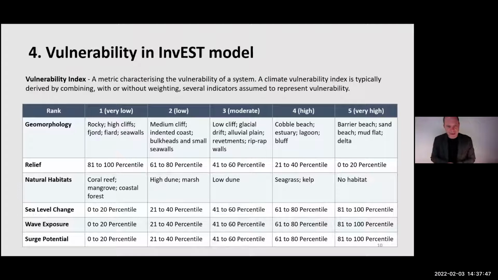This exercise is what allows us to make some conclusions on the level of risk in the different coastal areas. I don't think we should extend this slide too much. But I think it's illustrative enough, and we can open some questions later if needed.